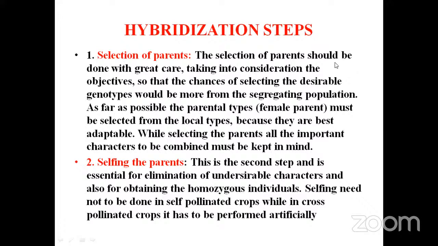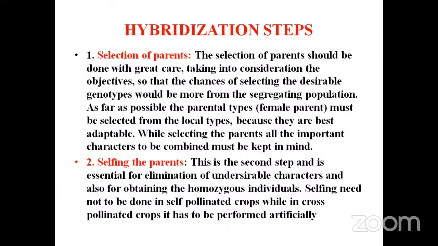Definition clear: the crossing between two genetically dissimilar parents. If genetically similar, that is the common one. If genetically dissimilar parents, what is the offspring? Different traits are produced. So these different traits, a new trait, is called a hybrid. This process is called hybridization. Definition clear?